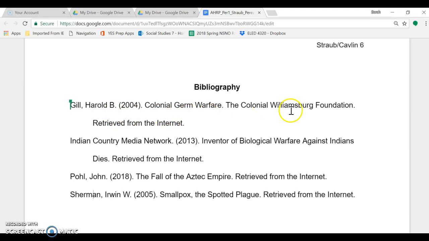If the source is so long that it goes to the second line, I had to hit enter and tab so that this one is all the way over left and this one is more right. These 2 sources didn't go to the next line, so I just put an enter, a space between each one. I followed all the formatting, the comma, the period, the parentheses, the period. Every single one of mine ends with retrieved from the internet.